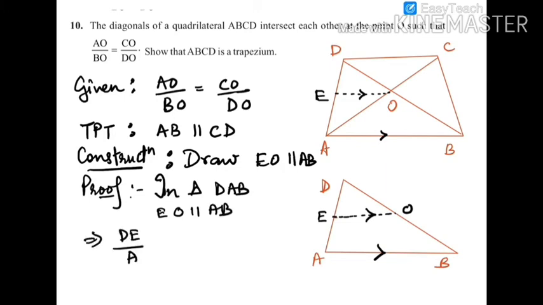We can say that DE upon EA is equal to DO upon OB. Mark this result as 1.